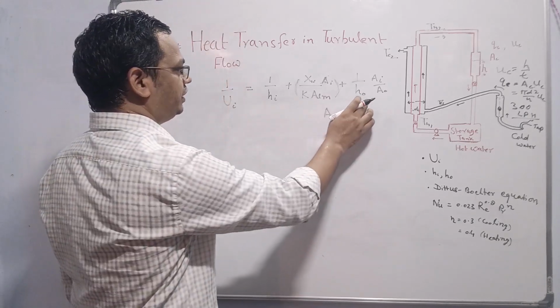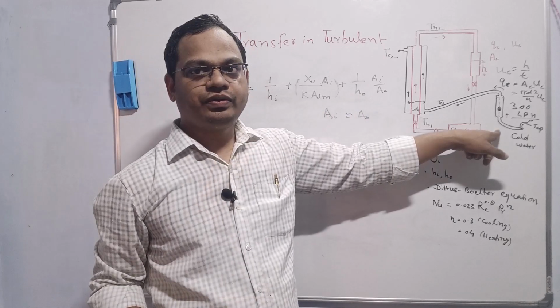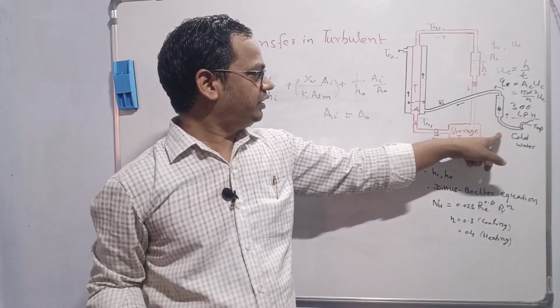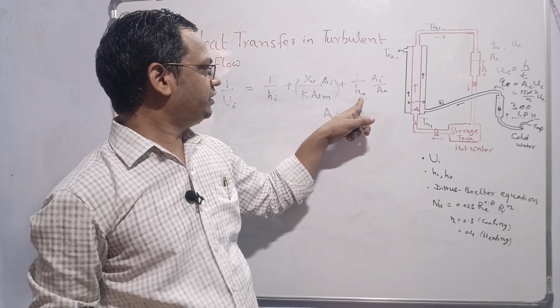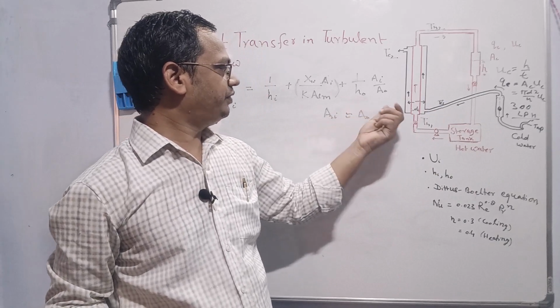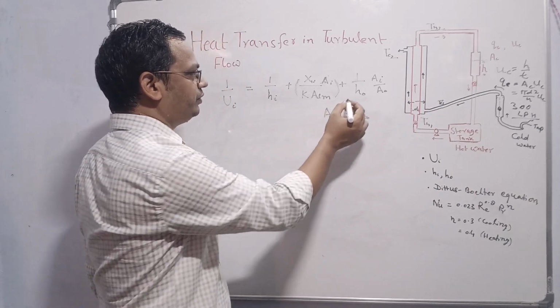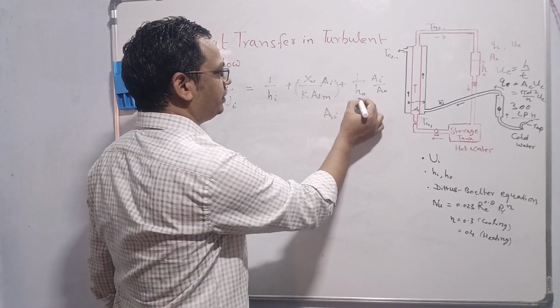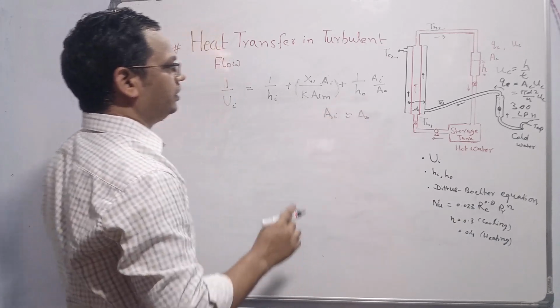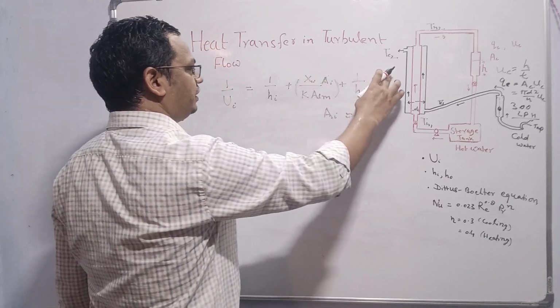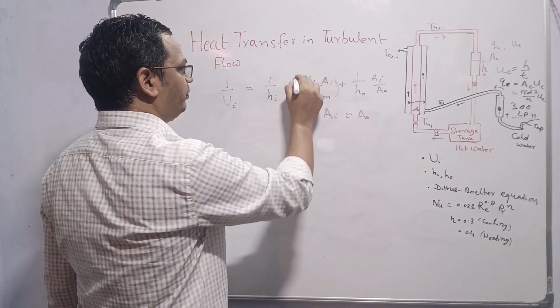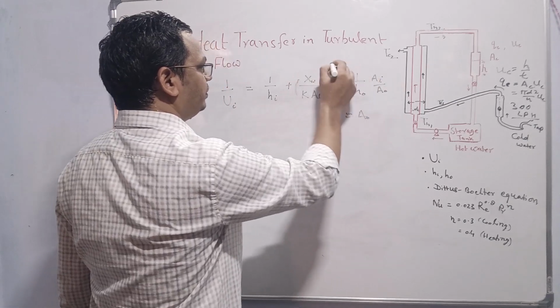Otherwise you can consider it, there is no problem. Since the cold fluid flow rate is kept constant throughout the experiment and the temperature does not change very much across the film, therefore this can be assumed to be constant. So overall the second and third terms will remain constant. We can take one constant for these two, C.